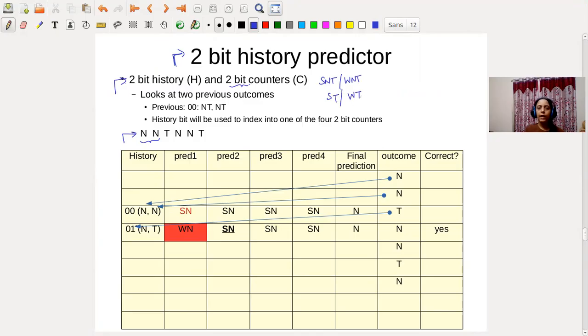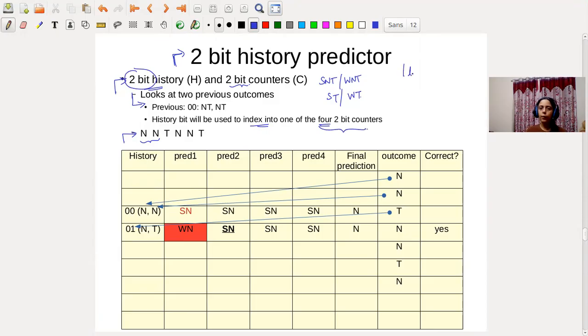Similar to the one bit history, we go through this, but this may look slightly more complicated. We are going to look at two previous outcomes. That is why it's called two bit history. And the history bits are going to be used to index into one of the four counters.